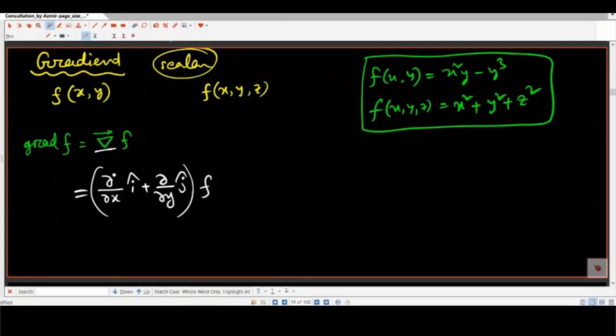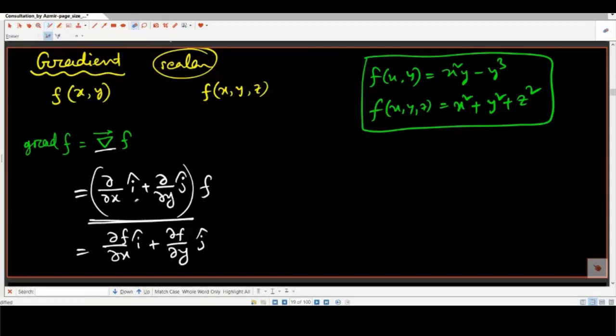So we are just plugging the vector for this del. So what we can do, we can multiply f with d/dx, so we are getting df/dx i plus df/dy j.